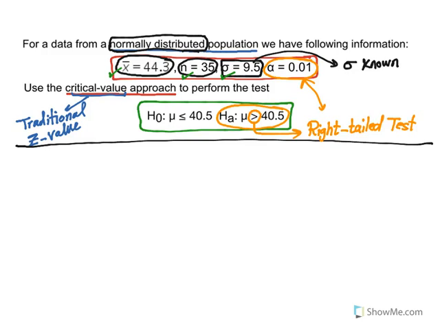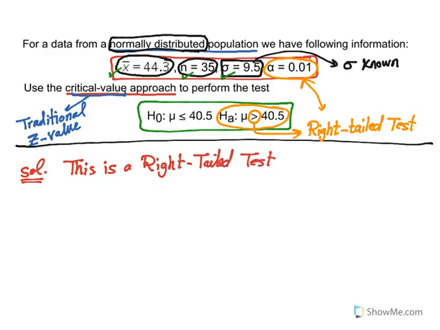So I will go back and write what we found here. So you can say here in the solution, the critical value that we found. You don't have to write all of it, but just to remind you, this is a right-tailed test with level of significance alpha equal 0.01.